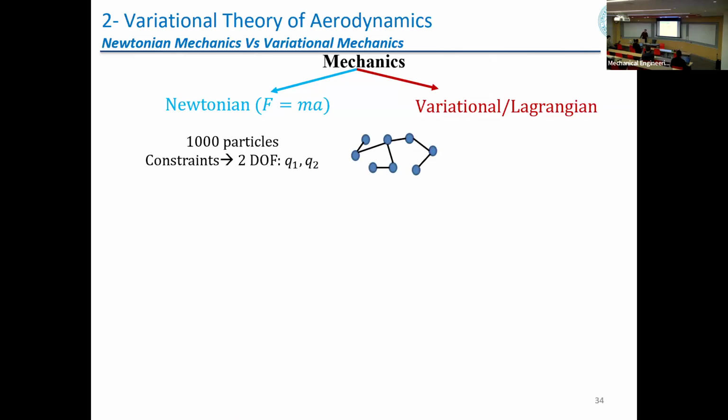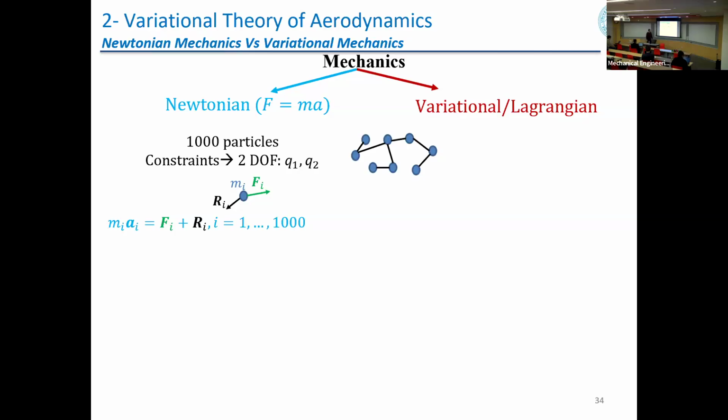Fine. How do we solve this problem using Newtonian mechanics? Well, as you know, the very first step is to isolate each particle, draw a free body diagram, right? And write down the equation of motion for each of the 1,000 particles. These are 3,000 equations of motion. And we have to be patient here. Why?